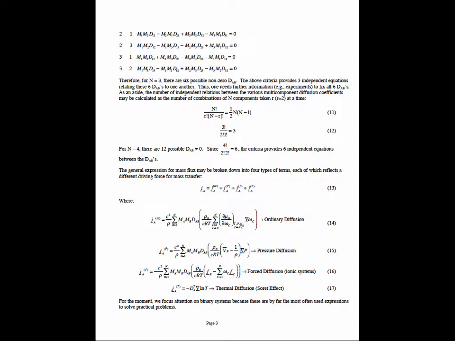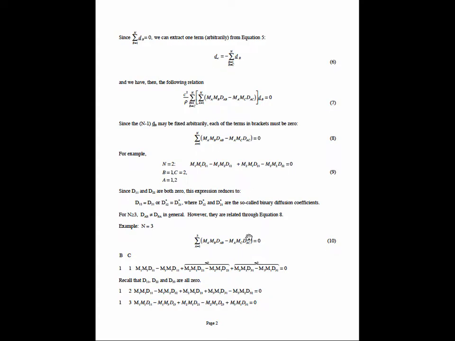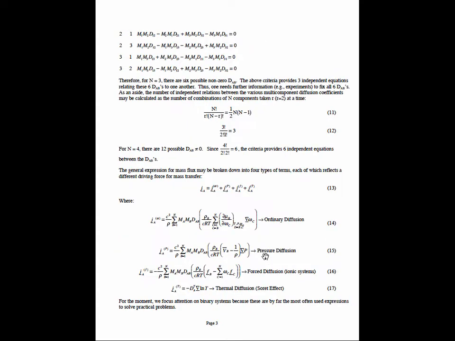As you go even to just one more component, add a third component, there's 6 non-zero diffusion coefficients. The criteria that this term has to be equal to 0 provides 3 relationships between them, and so that leaves 3 diffusion coefficients that would have to be fixed by experimental measurements in a ternary system.